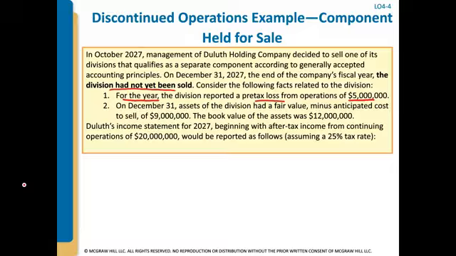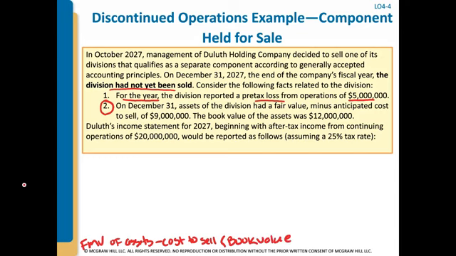So let's just take this number 2 for a second and go back to that drawing that I did. If you have fair market value of your discontinued assets, less cost to sell, is less than the book value, then you're going to report an impairment loss.